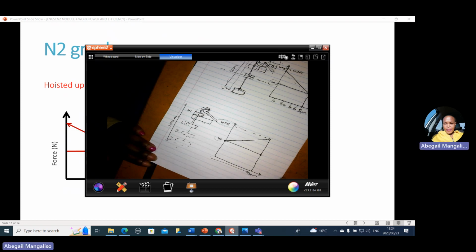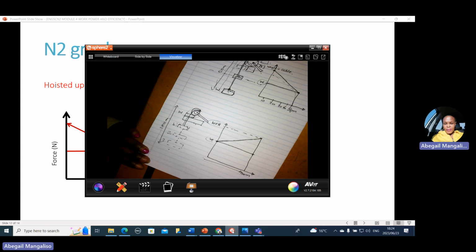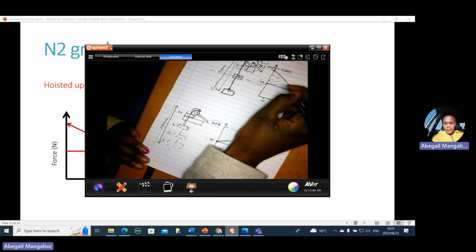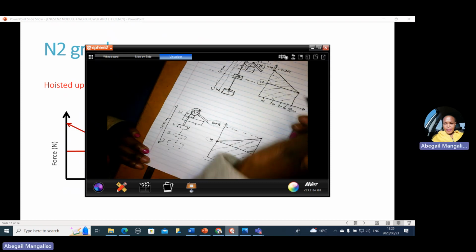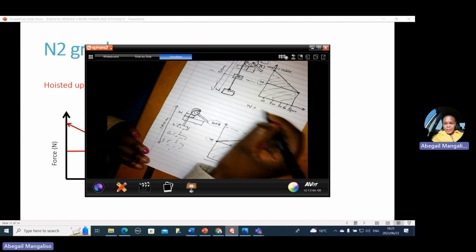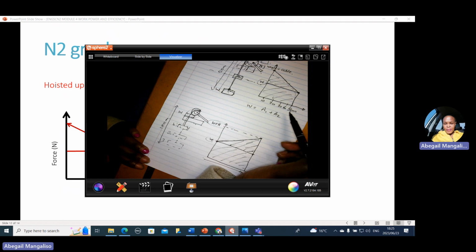So in this graph, you can be calculating the weight of the chain. You can be calculating the work done. The work done is the area under the graph. Total work done, area under the graph. So when you're calculating the work done for both graphs, if it's for the total work done, W will be equal to A1 plus A2 because there are two areas.